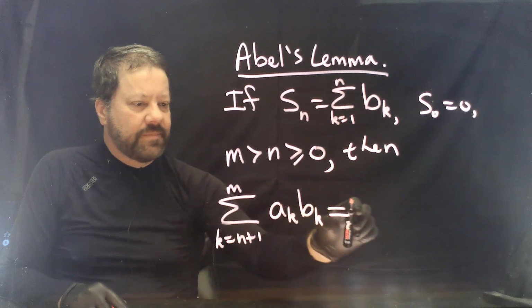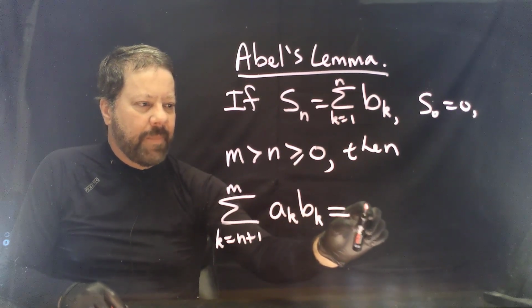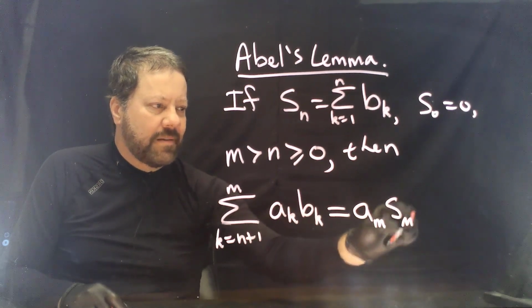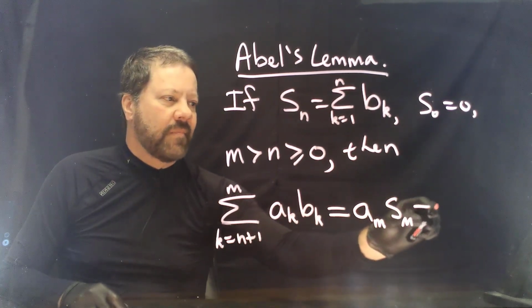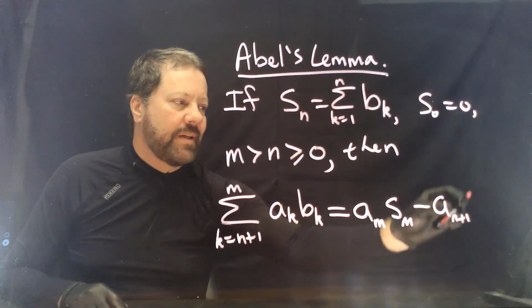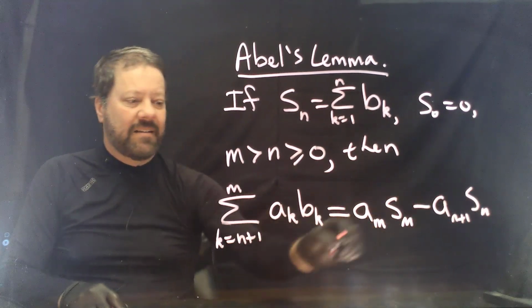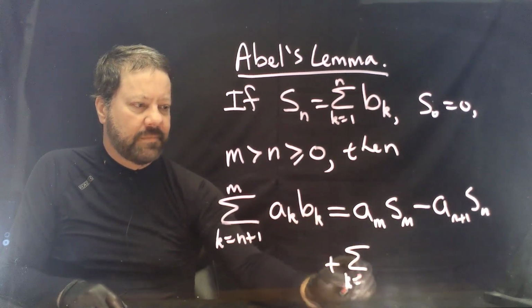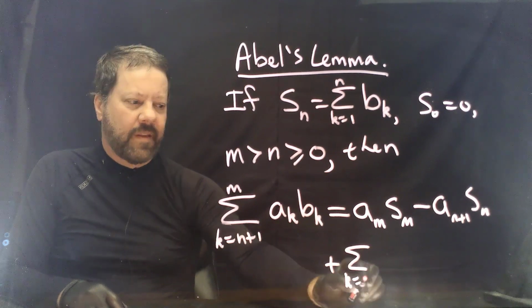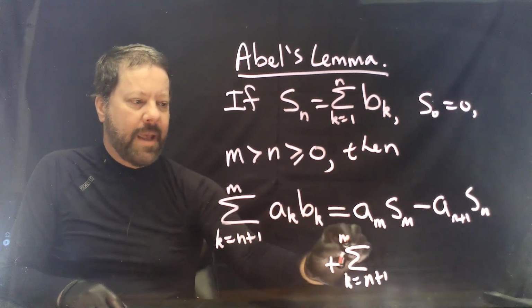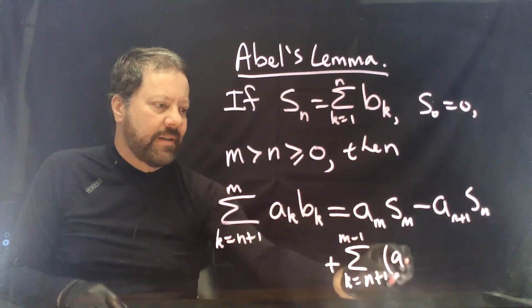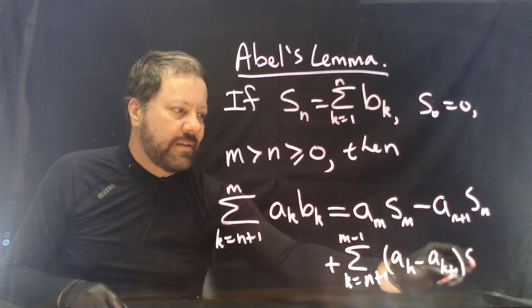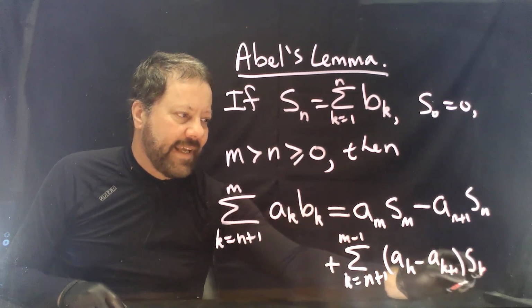And it turns out this will be a_m s_m minus a_(n+1) s_n plus the sum as k goes from n plus 1 to m minus 1 of (a_k minus a_(k+1)) s_k.